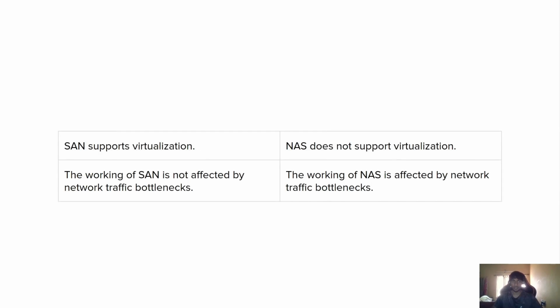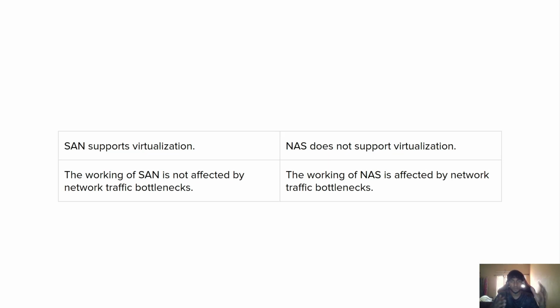Moving ahead. Now SAN supports virtualization. So what is virtualization? In storage, virtualization means physical storage or hardware is mapped onto a virtual volume, and this constructs a simple virtual storage environment. As I said before, there are multiple storage units that are mapped together to form one storage unit virtually.